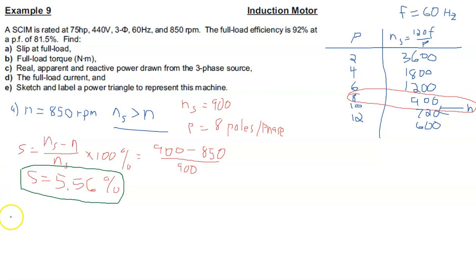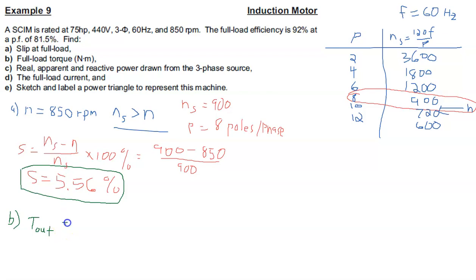Okay, part B, full load torque. You'll notice that I did not ask for torque developed. This is not a power flow type question, so we don't know PMI. Therefore, we can calculate torque output.